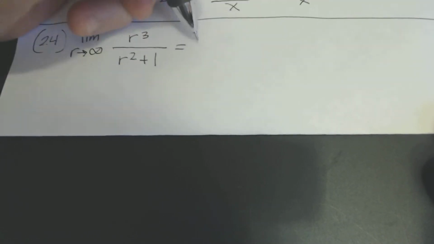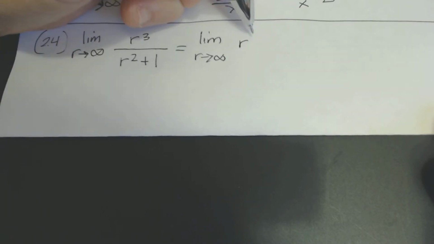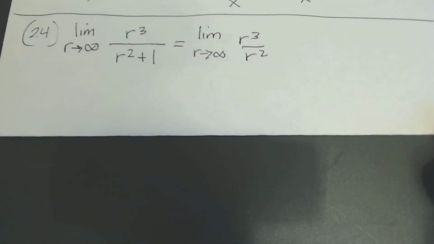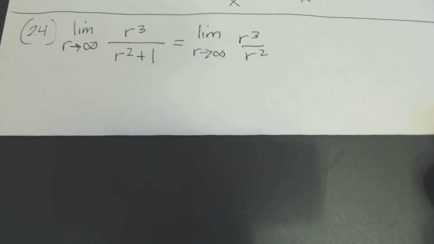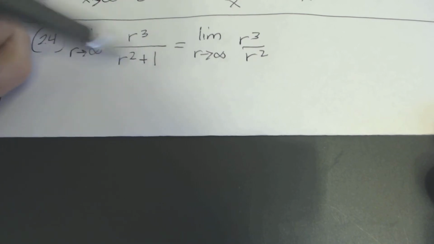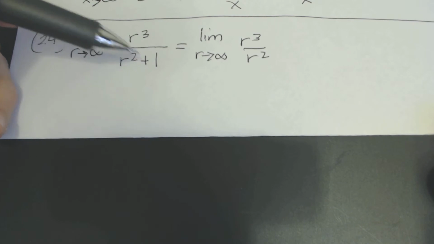This is equivalent to looking at the limit as r approaches infinity of r cubed over r squared, because as the numbers get bigger and bigger, it's only these large cubed and squared terms that are going to matter in terms of the result of each of these functions as we plug in larger numbers. And so we can estimate the limit by just looking at this expression here, rather than having to include this plus 1 in the denominator.